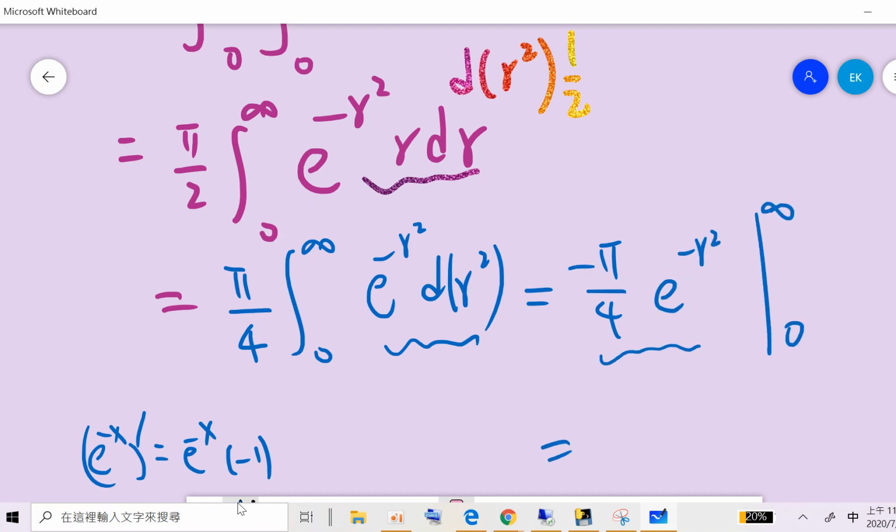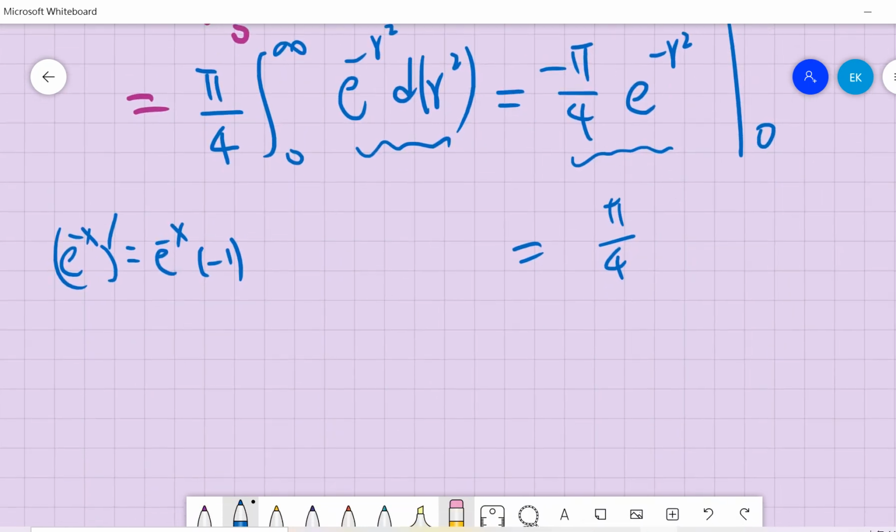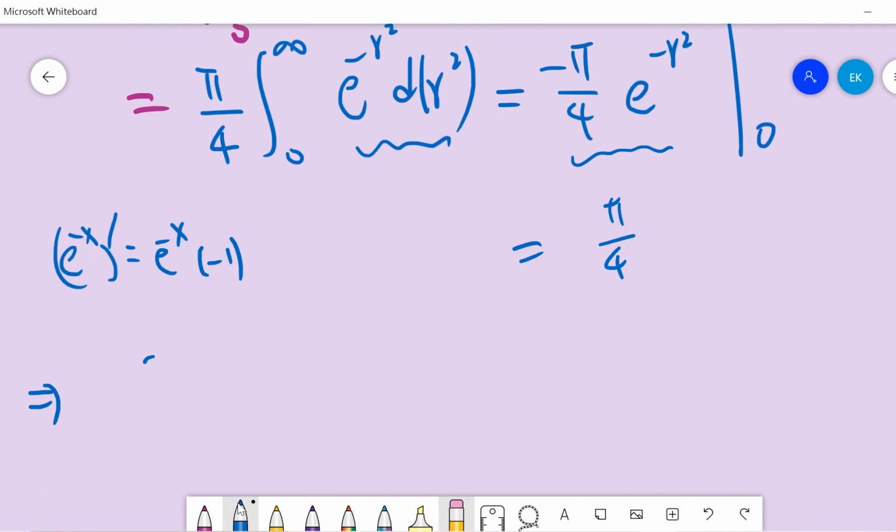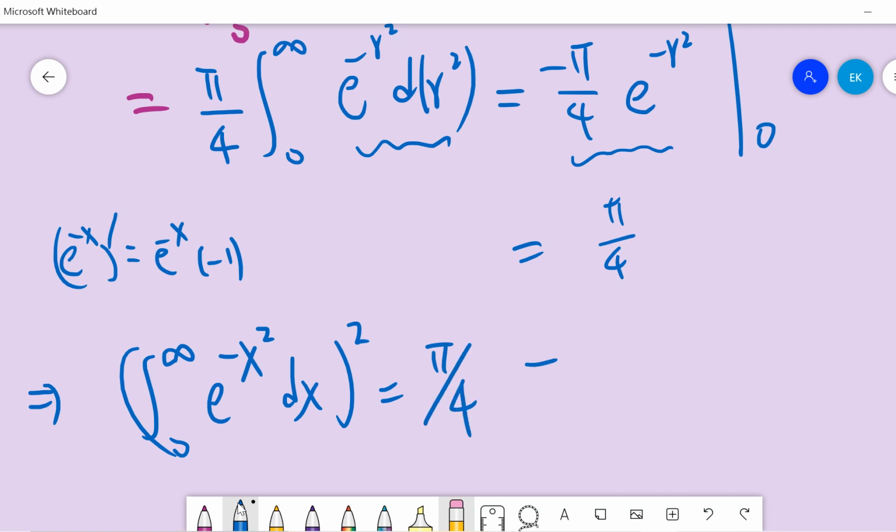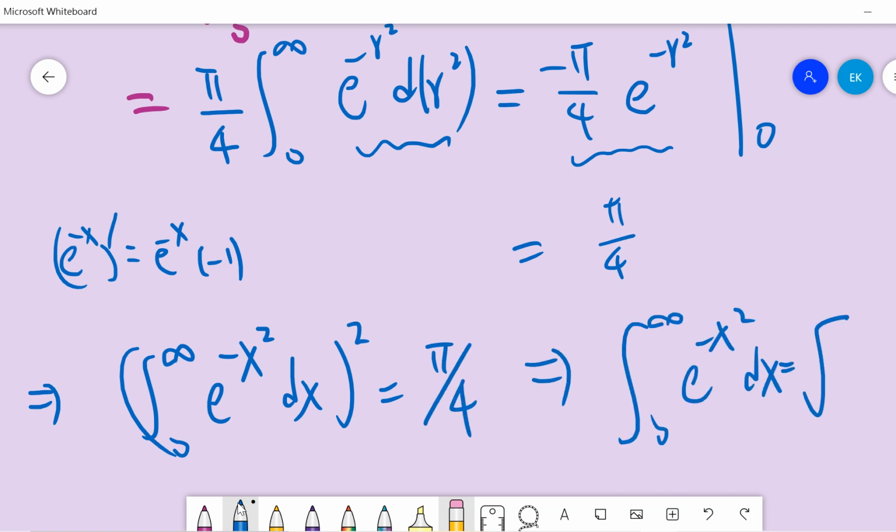The exponential at infinity is 0, and when plugging in 0 it is 1. So it's π over 4, and then you get this. Okay, so this is our result.